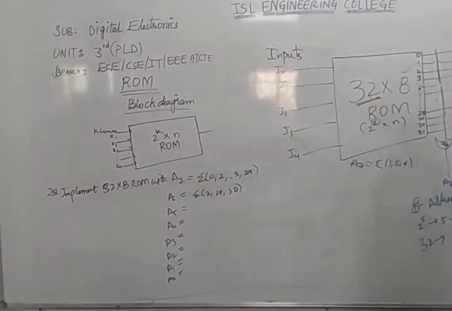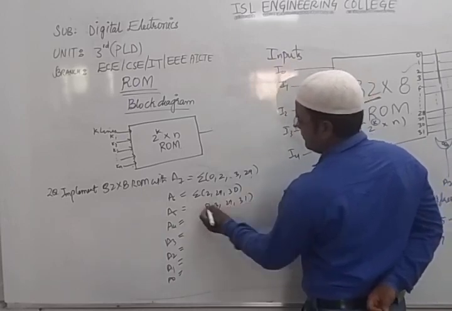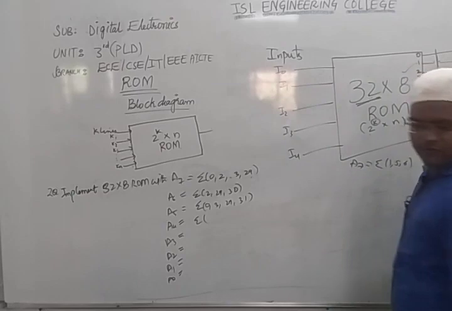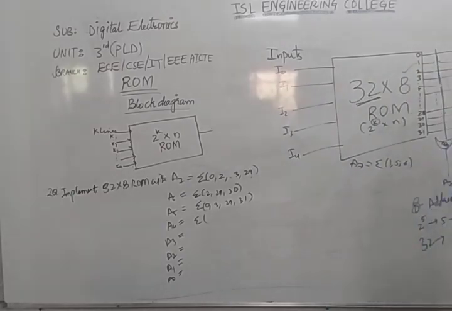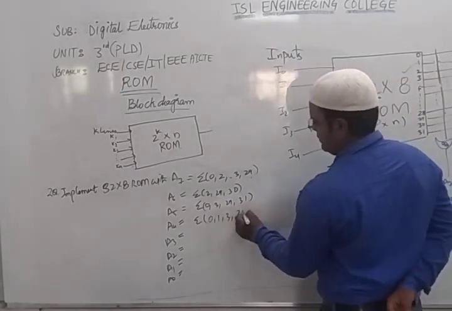Next, A5 is given as summation of 0, 3, 29 and 31. They gave this. Next, A4. What is the A4 value given? A4 is summation of 0, 1, 3, 31.